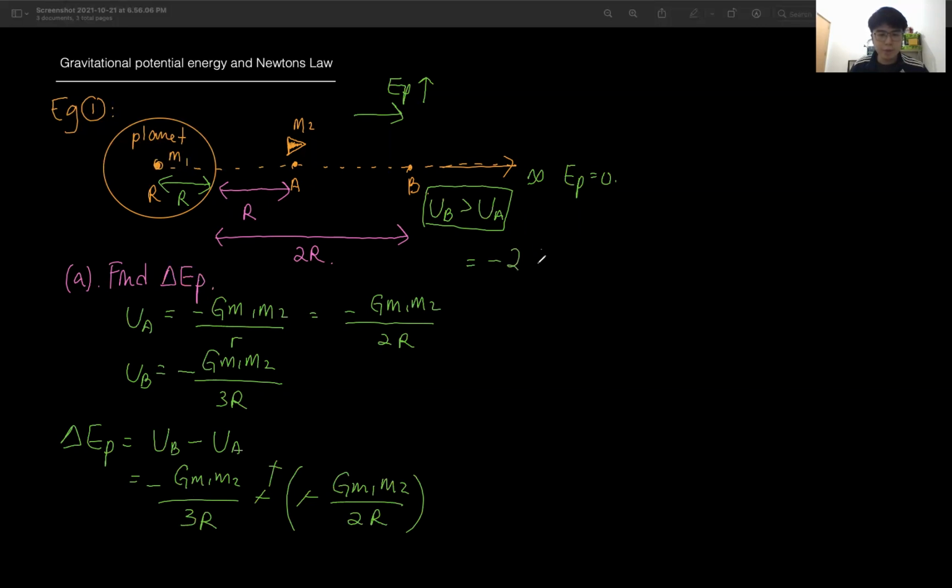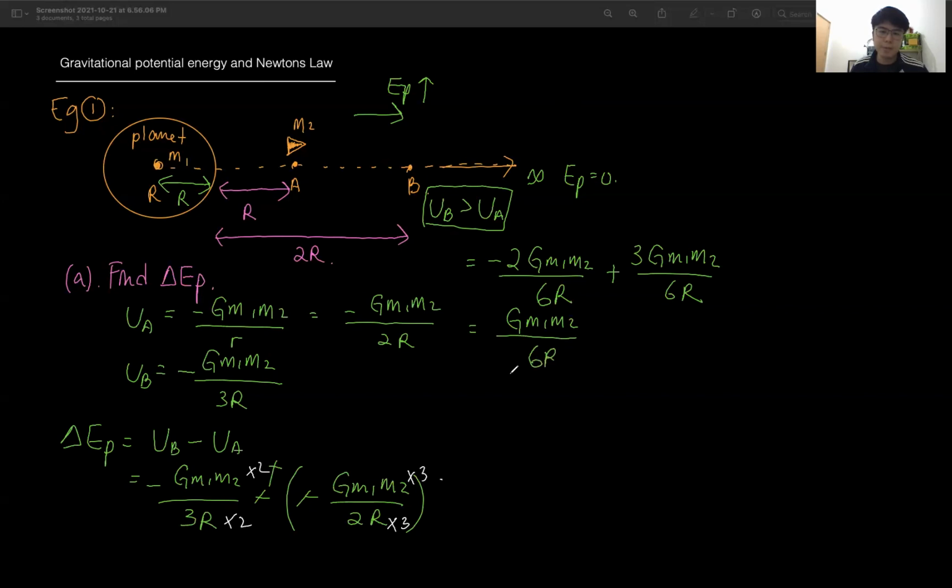So minus 2GM1M2 over 6R plus 3GM1M2 over 6R. Okay, so times 2, times 2, times 3, times 3. So minus 2 plus 3, that's 1 GM1M2 over 6R. So this is my change in the potential energy. That's my answer.